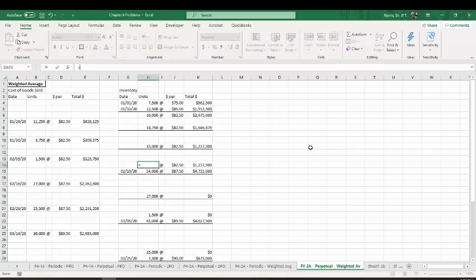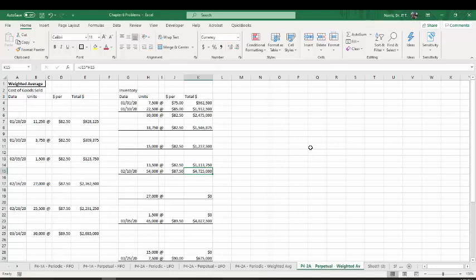Then, when we sell the February 5th 1,500 units, we are left with 13,500 at an average cost of $82.50, or a total inventory of 1,113,750.